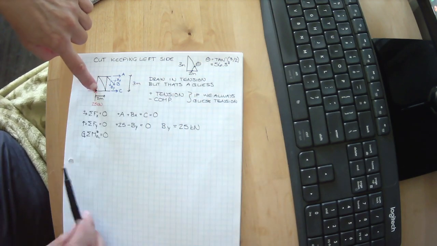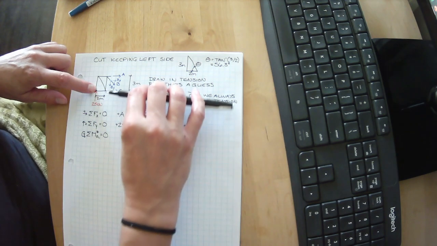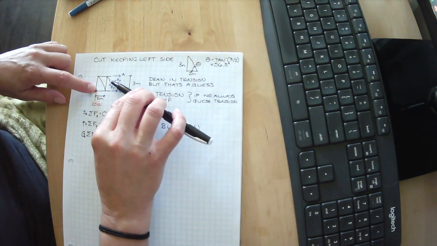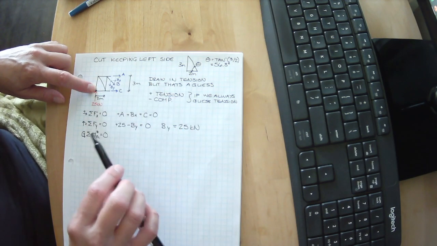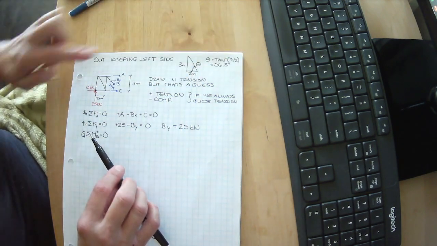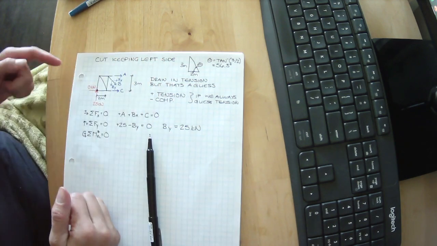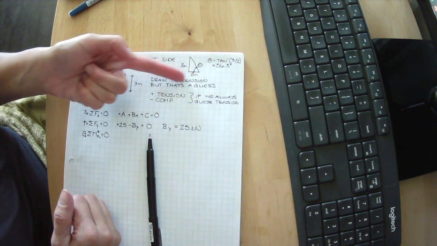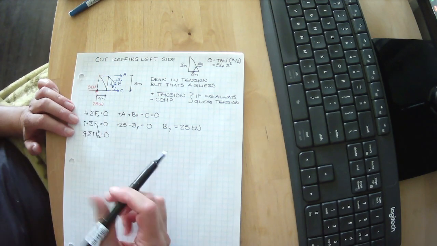C passes through the node. Our 25 kilonewtons passes through the node. Our BX, we've cut this right here, but we could have imagined we cut it just right there. So BX is passing right along this line, BY is passing right along this line, and A is passing right along this line, because B comes right through here.